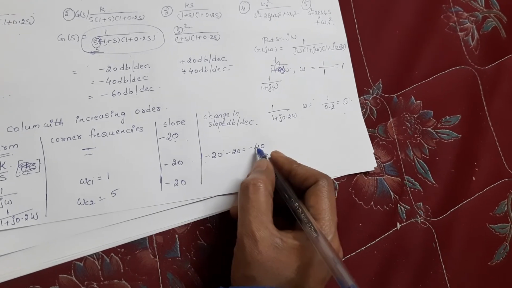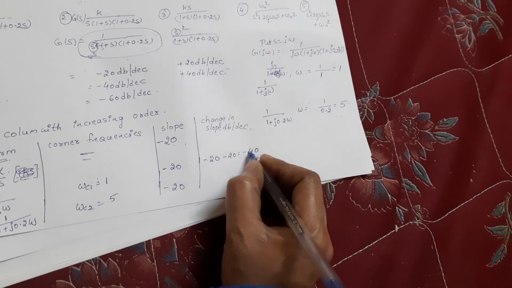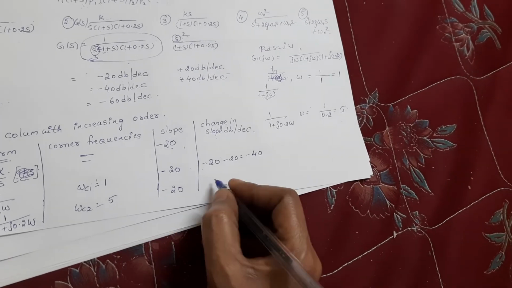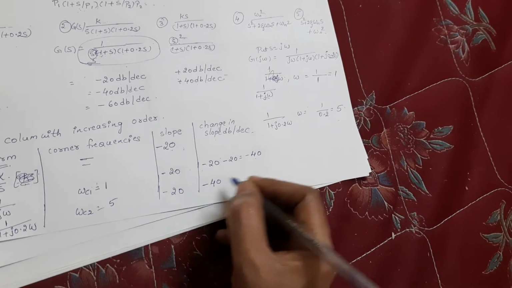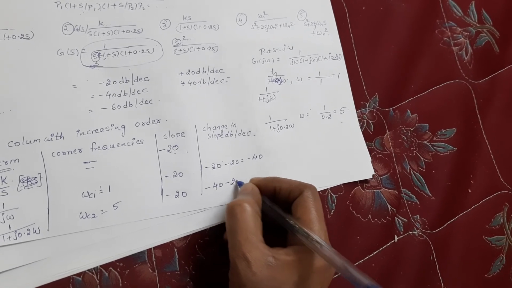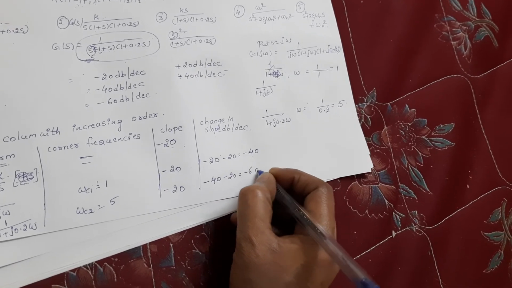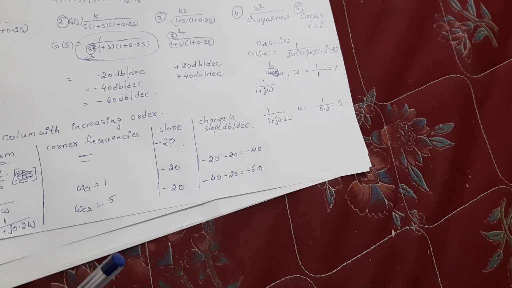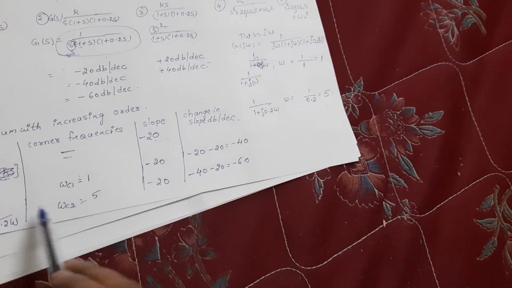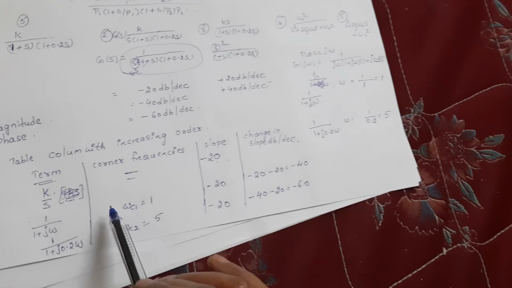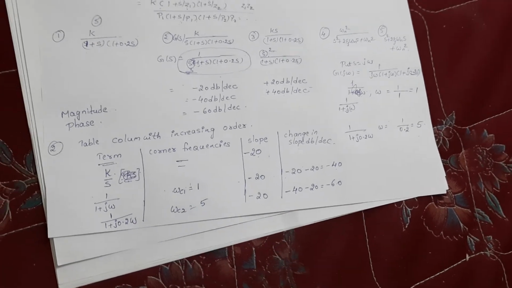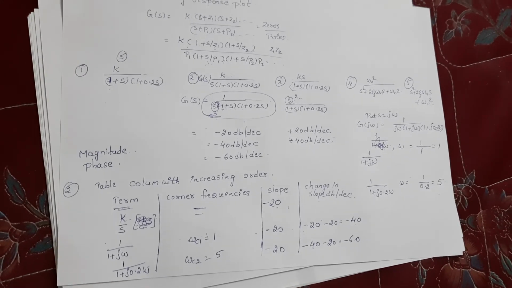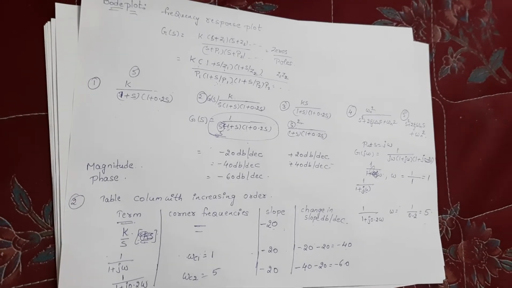And again, whatever value you get, add this value: minus 40 plus minus 20 becomes minus 60. Right? So this is the tabular column for magnitude representation. And then again you are going to have some formulas. Those formulas I will explain in the next video.